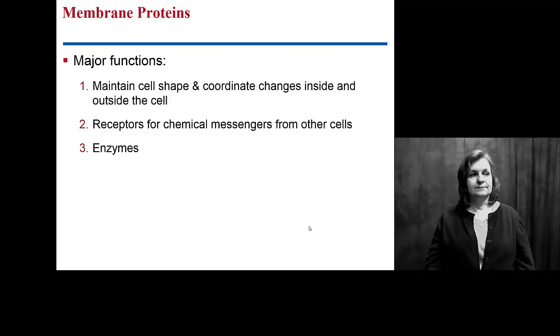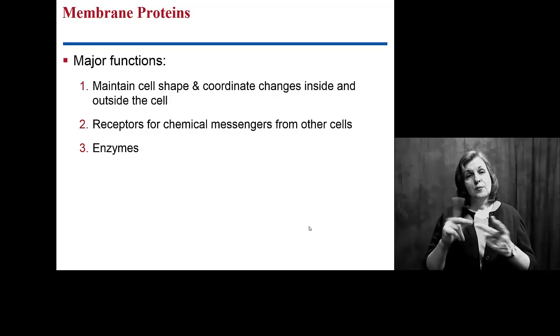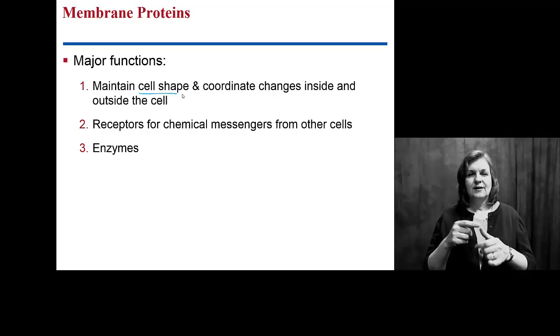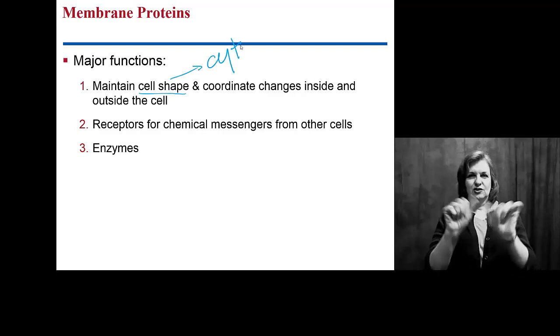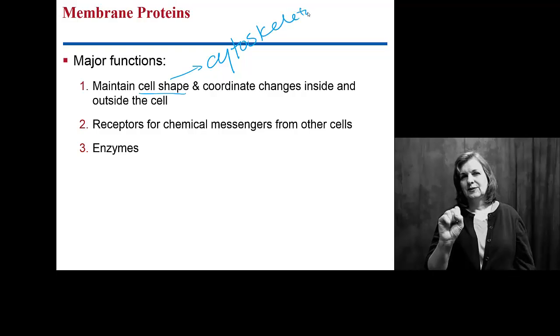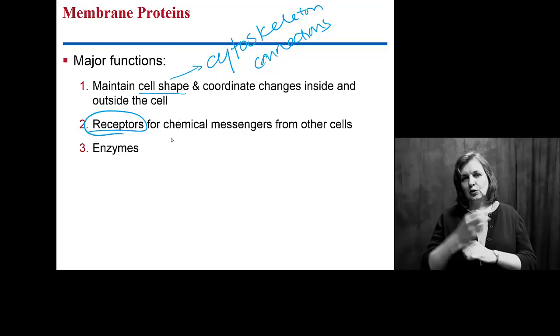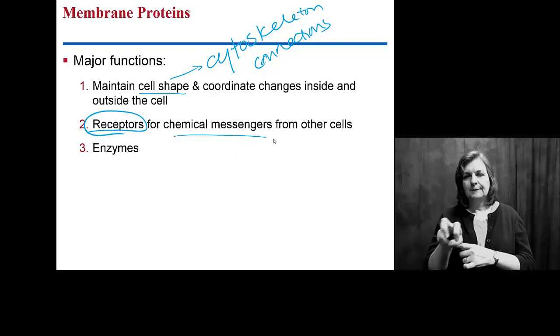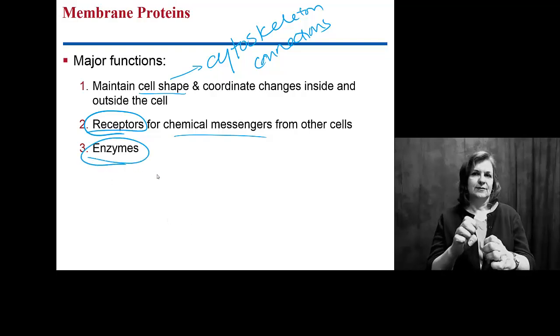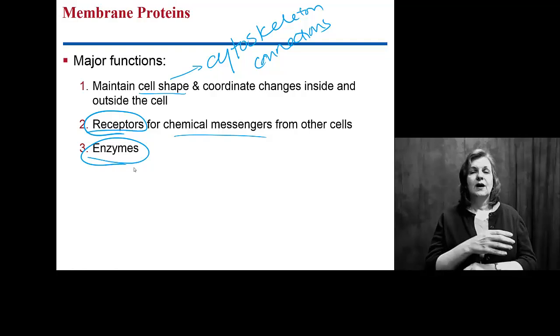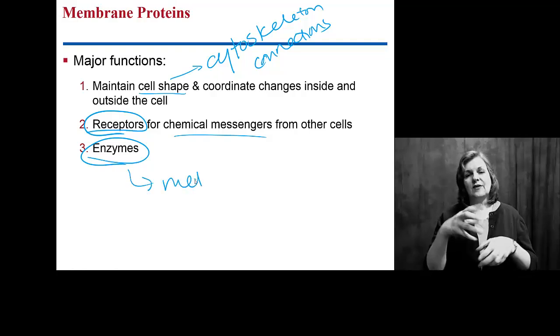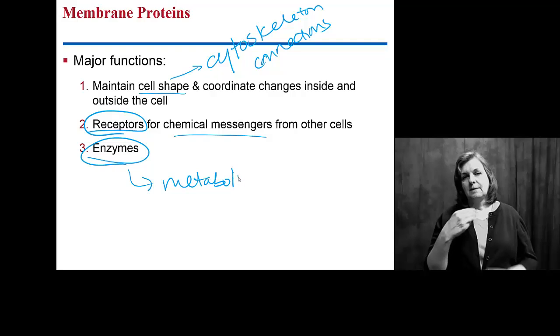So like we said, kind of its major job of our proteins that we've looked at before is to maintain cell shape, and that's primarily by cytoskeleton connections. Having receptors in place, so these are going to be communication and transport and so on, and then enzymes, to actually do some sort of job that's going to help the cell itself, and in particular their role in metabolic pathways.